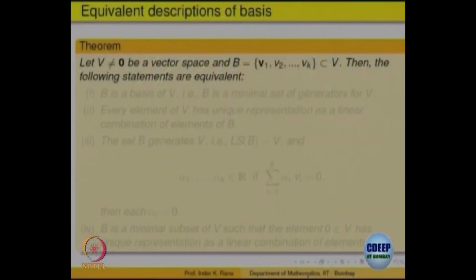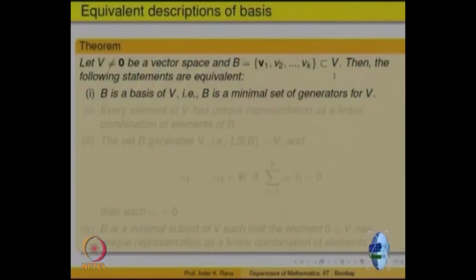So, let us give some equivalent ways of describing what a basis is. V is a vector space, which is of course non-zero, and B is a set v1, v2, ..., vk contained in V. We want to give different ways of looking at when this set B can be a basis. We have already defined one definition as a minimal set of generators.